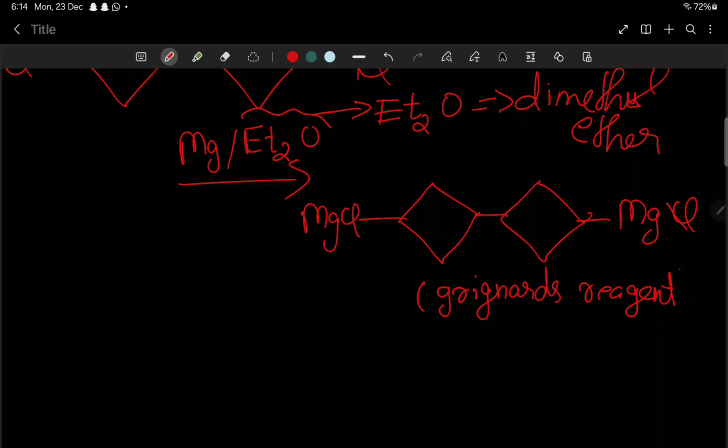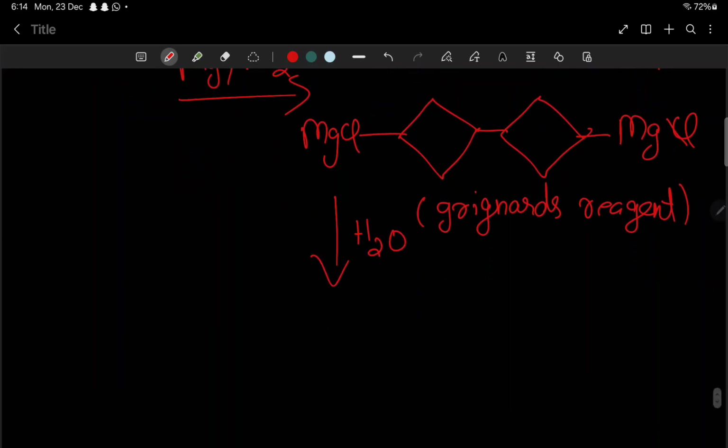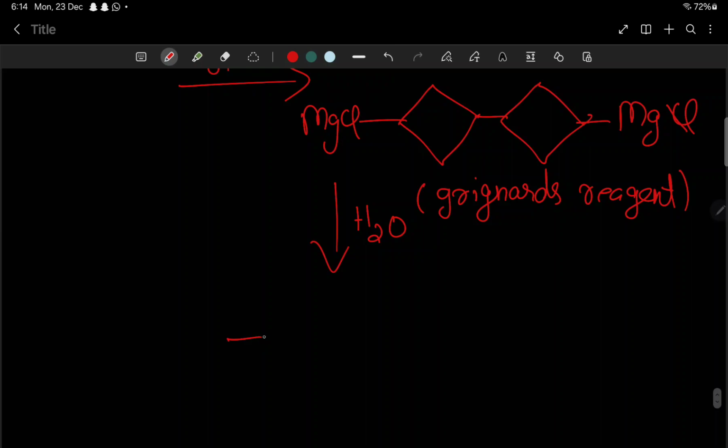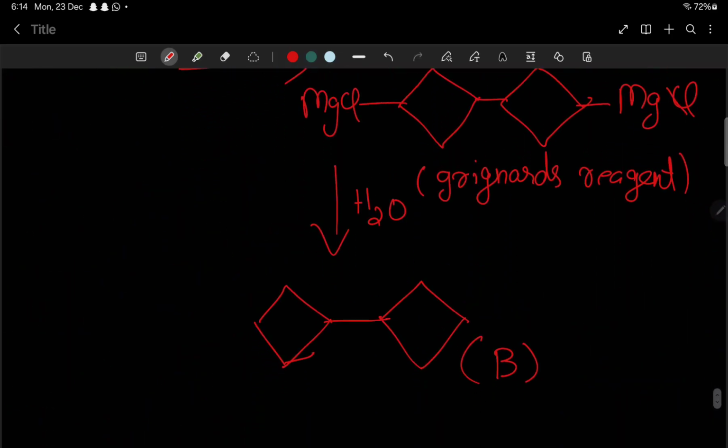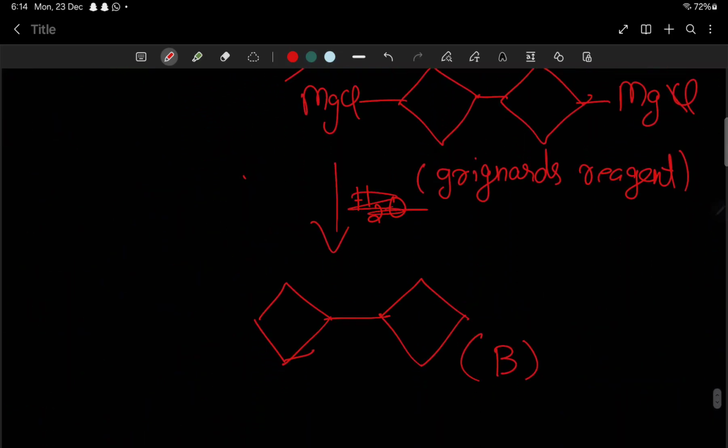Now what happened? Into Grignard's reagent, if we add water, it reacts violently to form the corresponding hydrocarbon. So this MgCl will go. We get the corresponding hydrocarbon, and this will be the product B. The problem is that here we are not adding H2O, we are adding D2O.